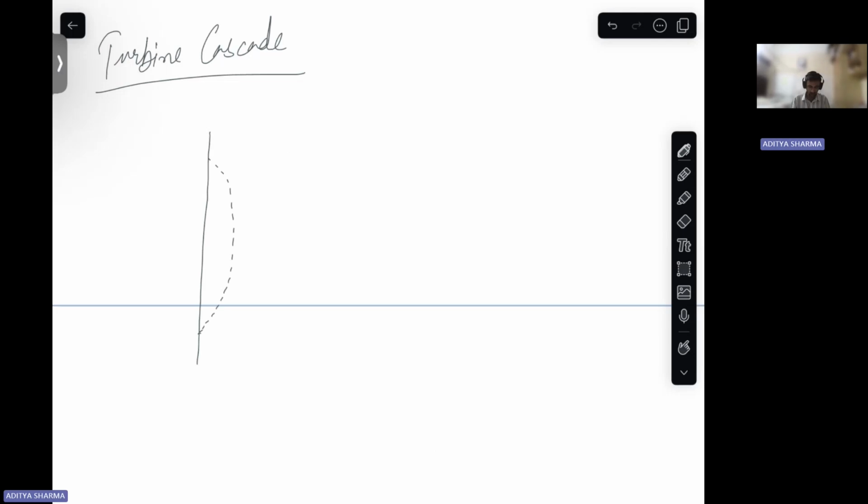So if this is the camber. Okay, so first I was showing the airfoil like this. Now I've kept it like this. The airfoil is shown. Then this is leading edge. This is trailing edge.